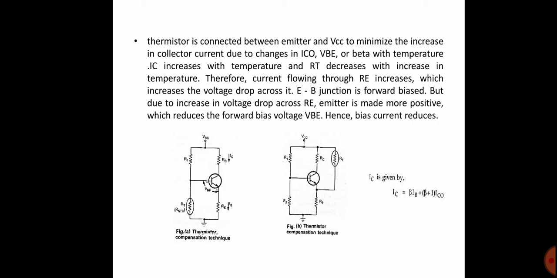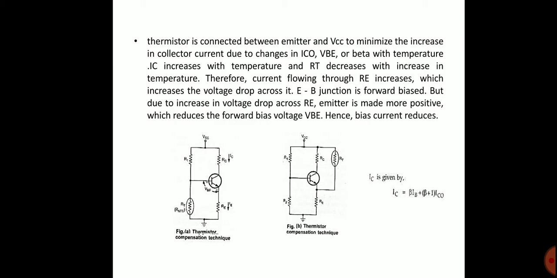Here the thermistor is connected between the emitter and VCC to minimize the increase in collector current due to changes in ICO, VBE or beta with temperature. IC increases with temperature and RT decreases with increasing temperature. Therefore the current flowing through RC increases, which increases the voltage drop across it, while the emitter to base junction is forward biased.